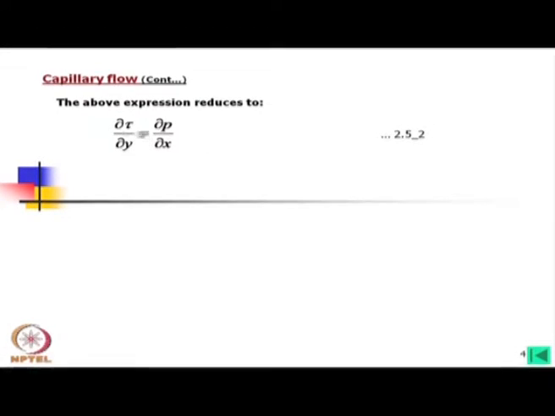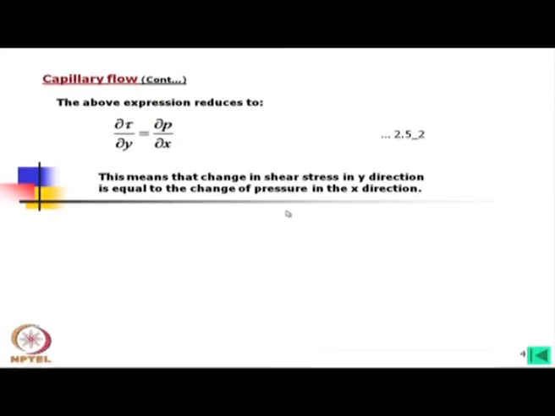So, what we find is that the change in shear stress in the y direction is equal to the change of pressure in the x direction.